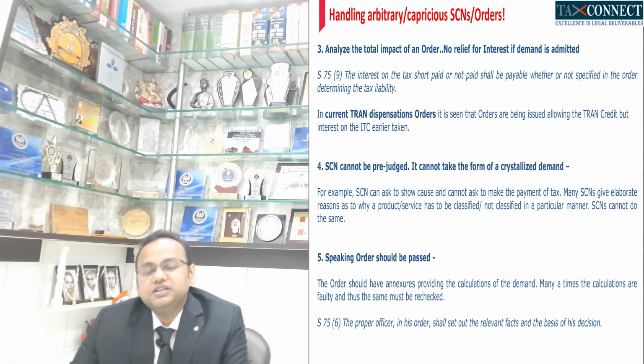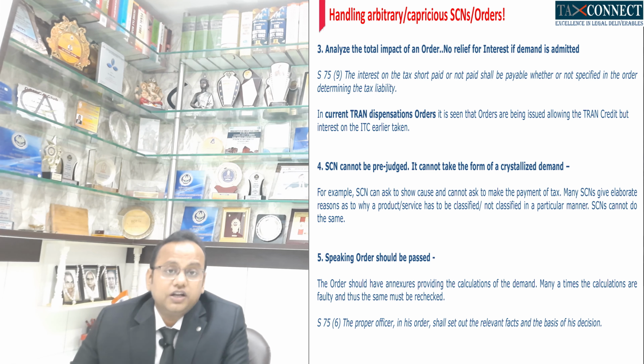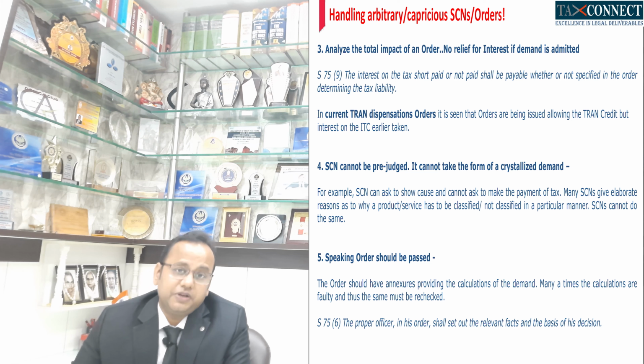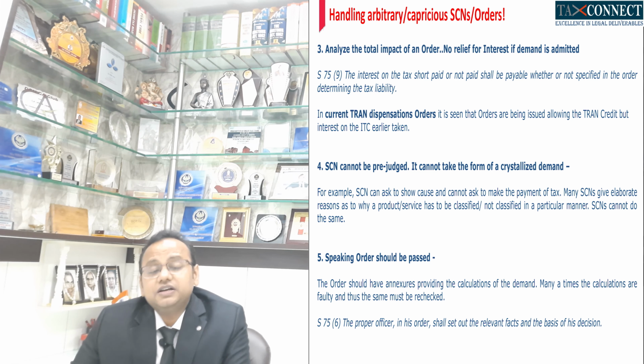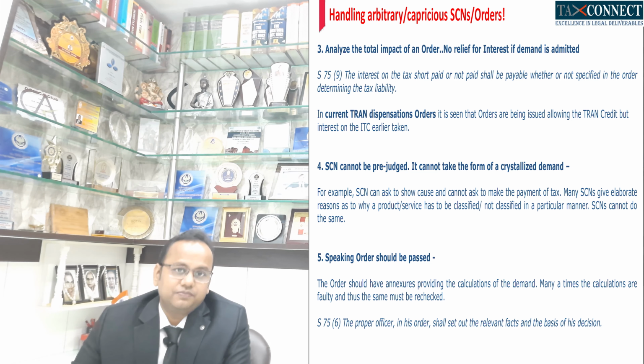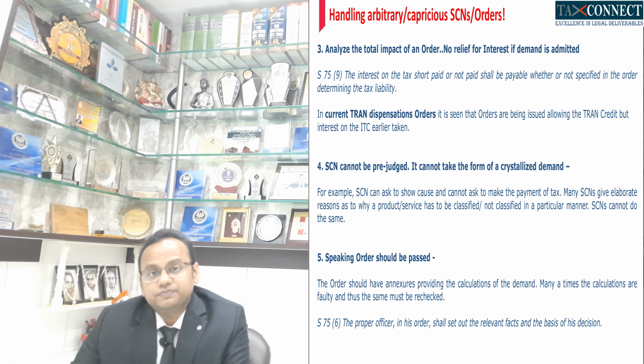Important again is to understand that an order cannot be passed on a show cause which itself is prejudged. That is, at the show cause stage, a question has to be asked to show cause as to why a demand should not be raised on the allegation which is raised.